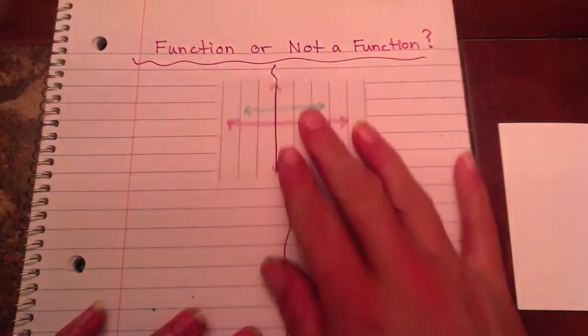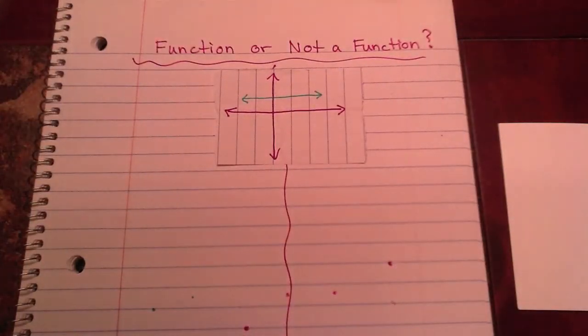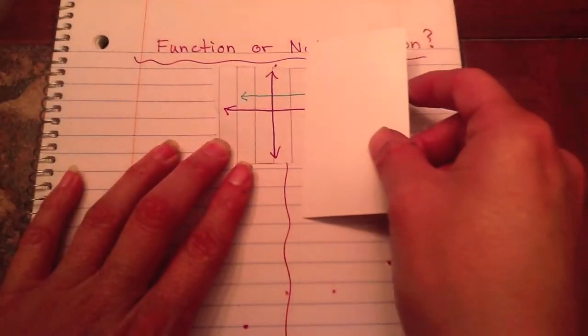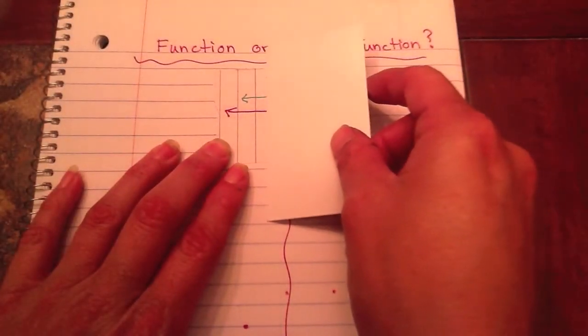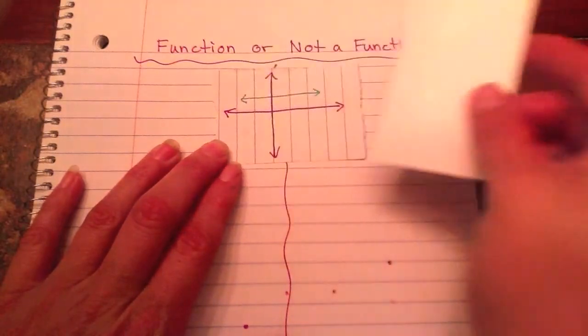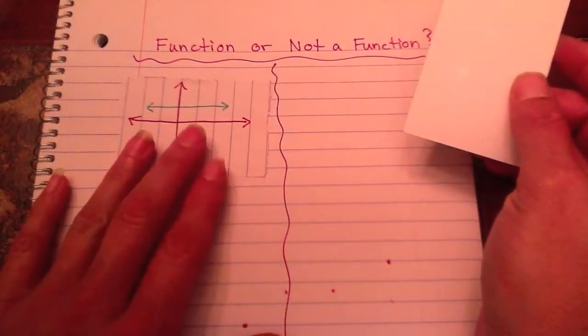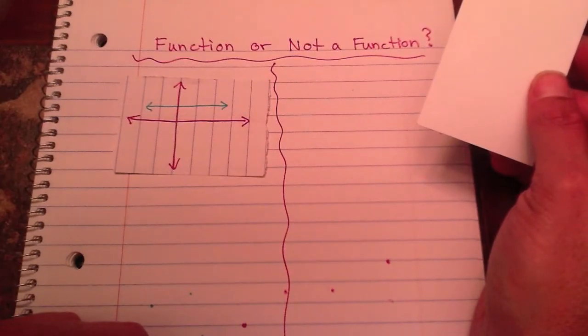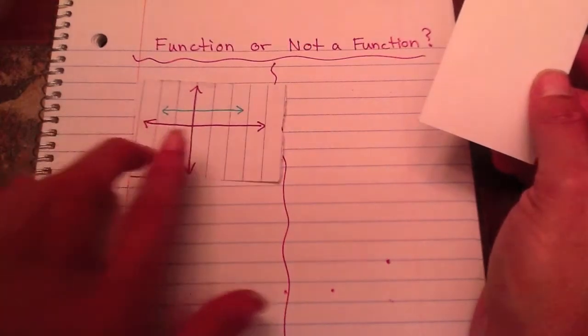What about this one? Function or not a function? Vertical line test. A bunch of repeating y's, but it never crosses x twice, so that is a function. Now do the same thing though.